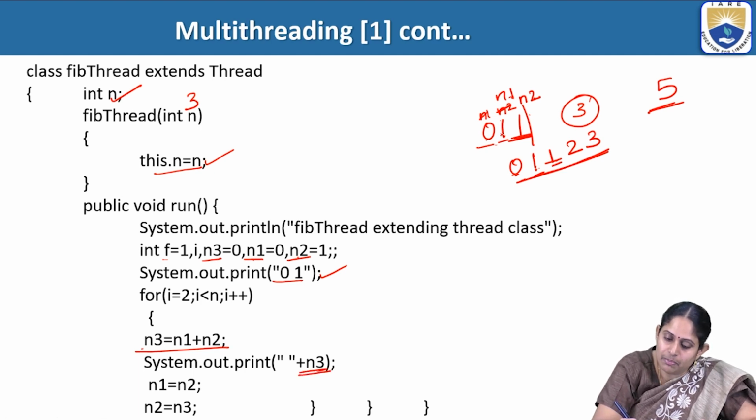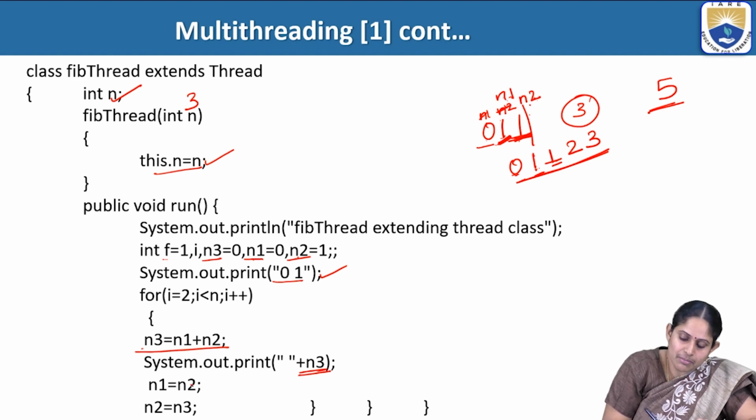Then we make the initial second number the first number, that is n1, and the current result will be made n2. Then we have to add those two values. So we are making the initial second number the first number and the result which we stored in n3 is put into n2. And then again this loop will be executed.